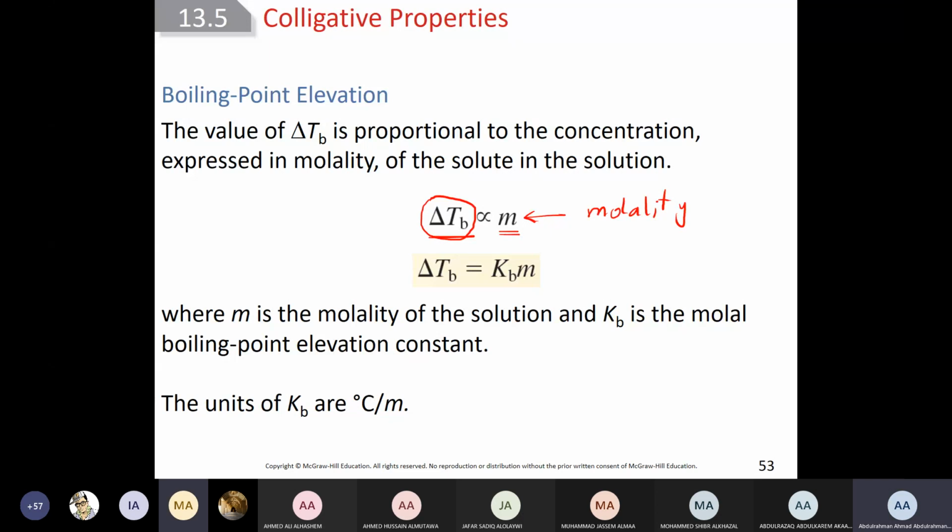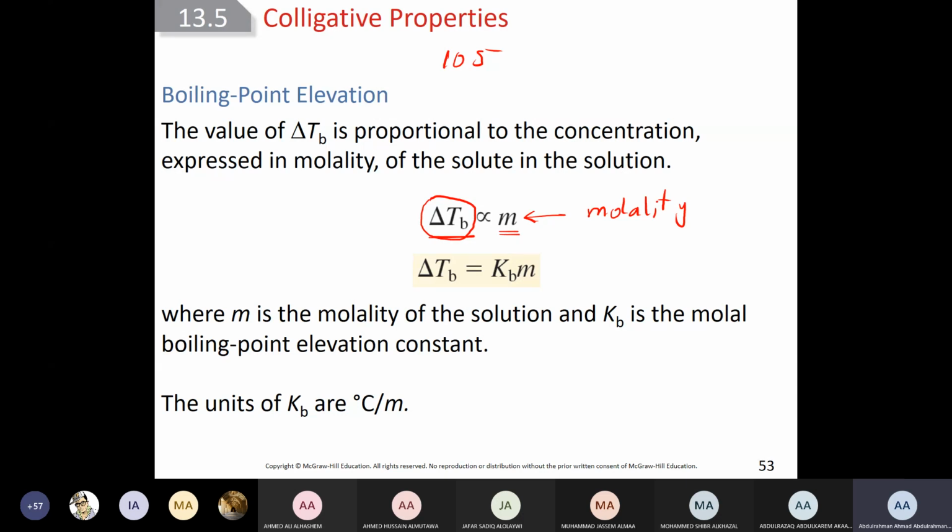The change in the boiling point temperature, in degrees C. So for water, if the water solution is boiling at 105, then what's delta TB in this case? 5, only 5.